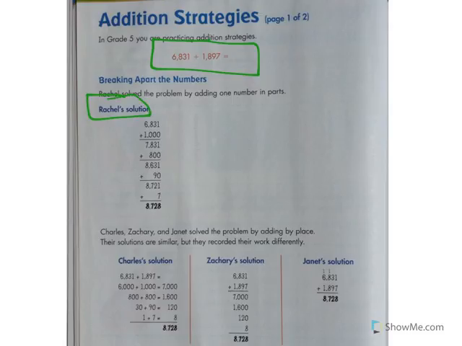What Rachel did was she broke down the problem into 6,831 plus 1,897, but she broke down that 1,897 into the following components.